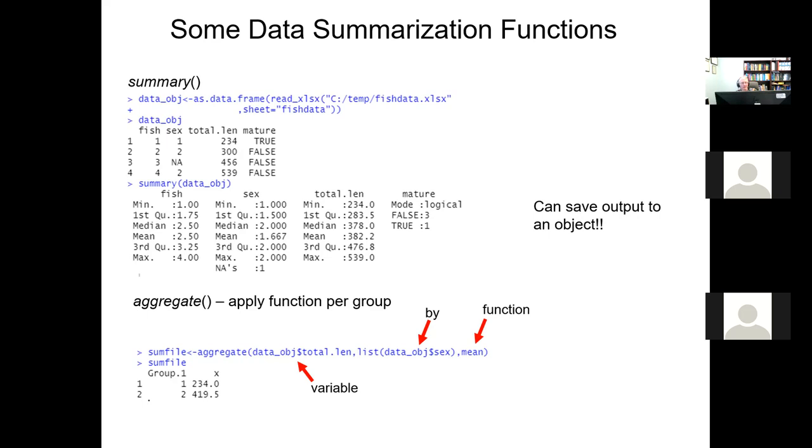So group 1, in this case, is for the sex, but if you had maturity in there too, it would be group .2. That would represent maturity. And then it gives you the values of that function, but only with a header of X. It'll say X. And you can change those names if you wanted to. And in this case, I saved the results to that object sum file.